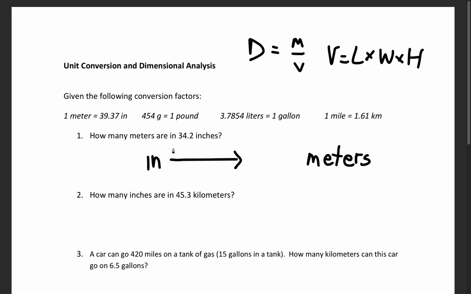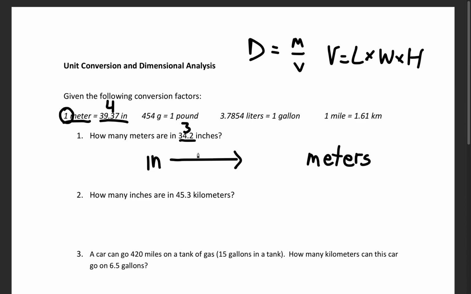I have this conversion factor that says 1 meter is 39.37 inches. Now this is an exact number. It's 1.000, as many zeros as you want. This has 4 significant figures, and I promise you that this decimal continues afterwards. Here we have 3 significant figures. We're going to come back to that in a second.